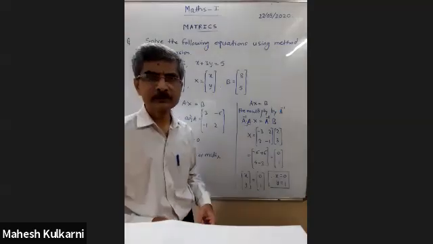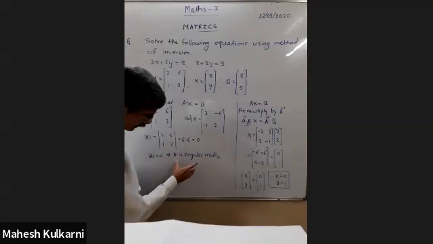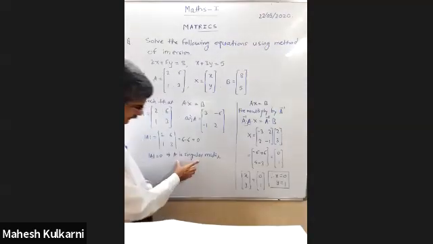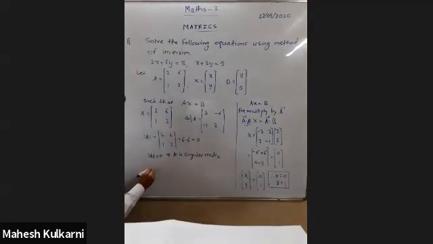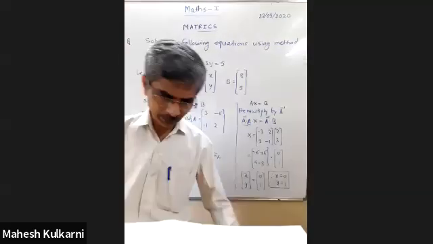Then how do we solve the equations, or how do we write our conclusion regarding these two equations? As this matrix is singular, the inverse does not exist. Now that the inverse does not exist, what does that mean we should do?